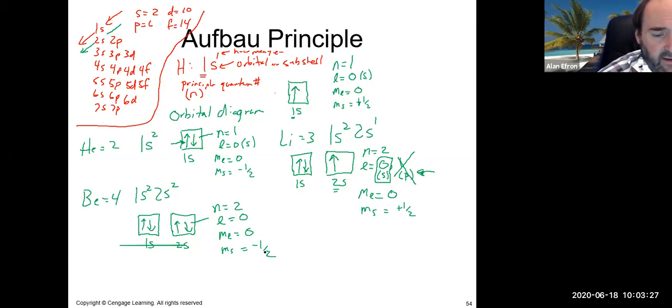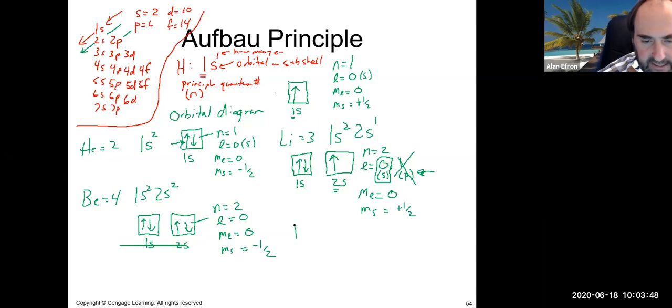We could also see, obviously, that we have now filled up our s orbitals in our second energy level. So we would then have to come back, if we have more electrons, and zigzag back to our 2p orbital. And that happens with our next element, which is boron, with number 5.